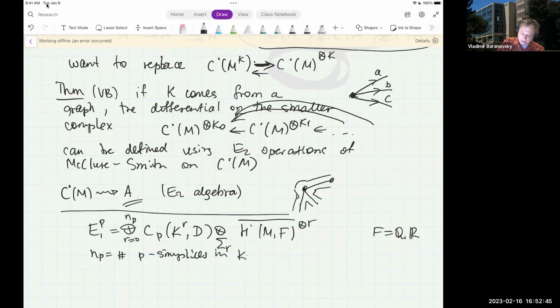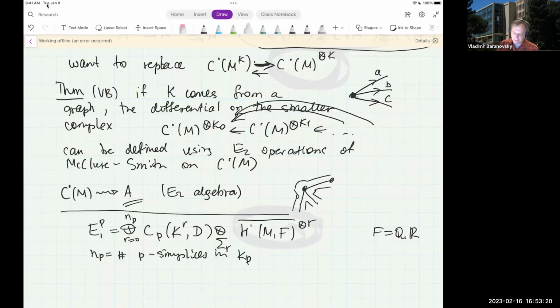So Bendersky and Gitler have defined this spectral sequence, but with their definition, it wasn't really clear how to study differentials on that spectral sequence. The approach that I was trying to explore is to go back from the level of cohomology to the level of topological cochains, in which case one needs to work out this issue with non-commutativity and explicit repair by using Maclaurin-Smith operations.